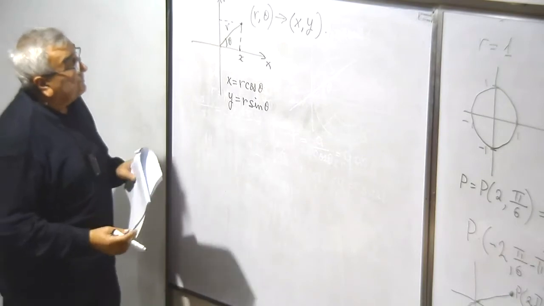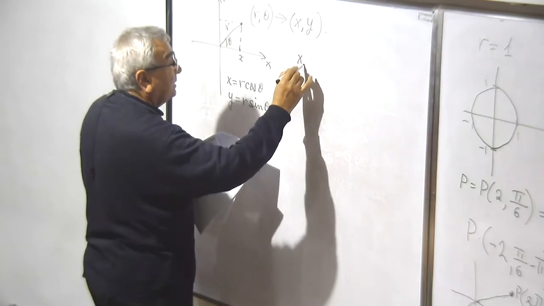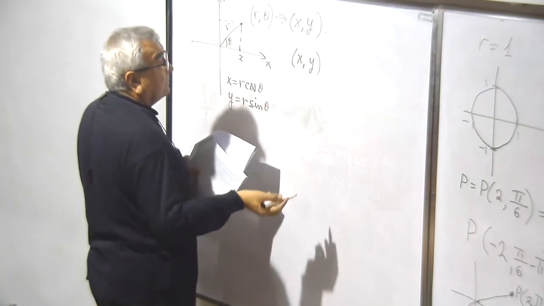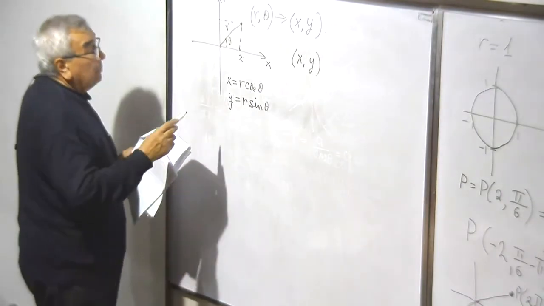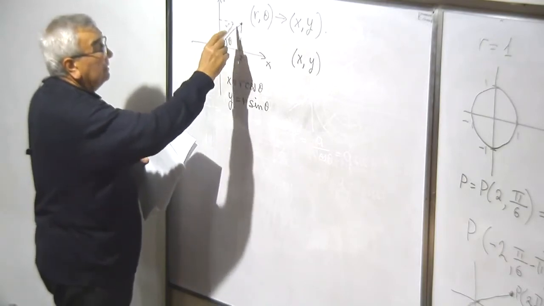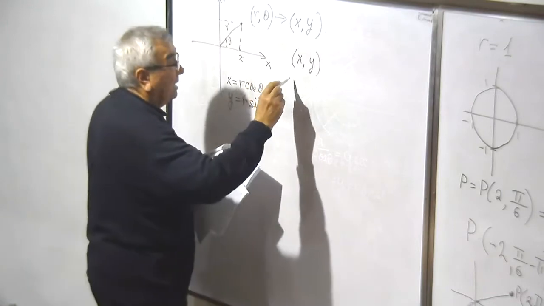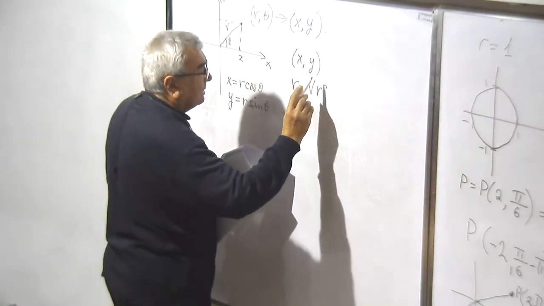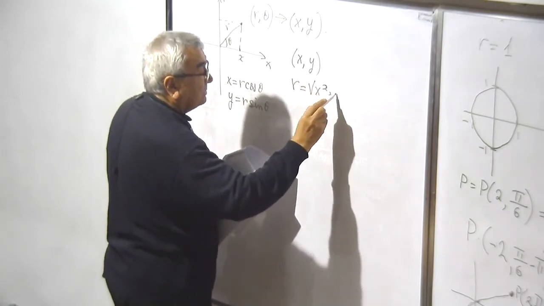That means if given x and y, how to find in this case the polar coordinates, the r. That means r should be the square root of x squared plus y squared.